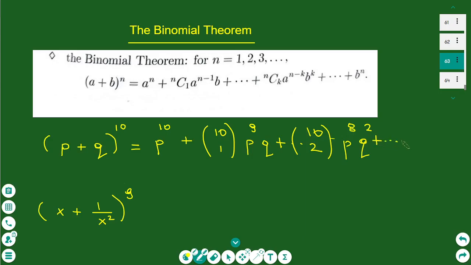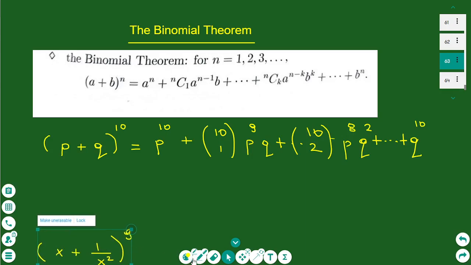And we follow this pattern until we find the last term, which is q to the power of 10. What we can do next is to find the value of the brackets, which are the combinations. So the first term is p to the power of 10.